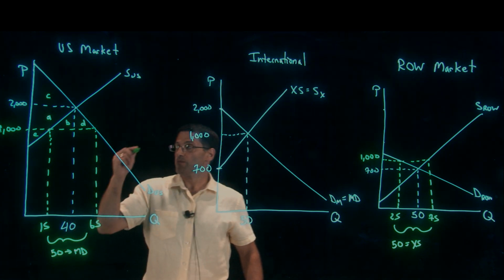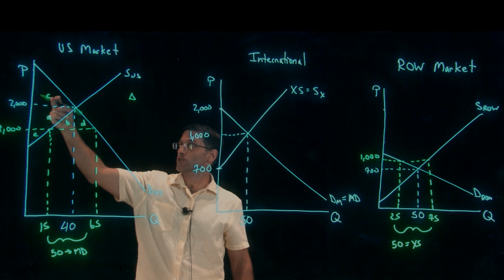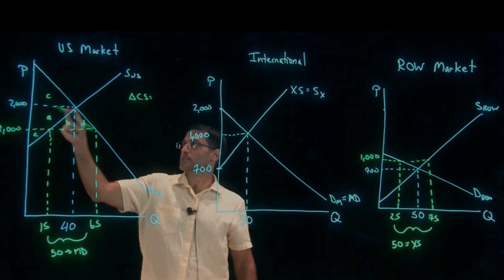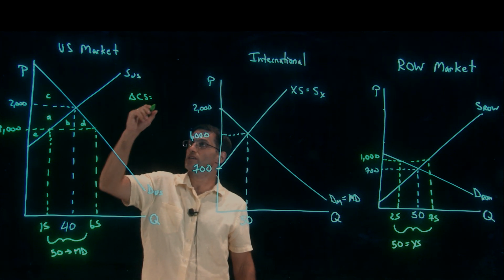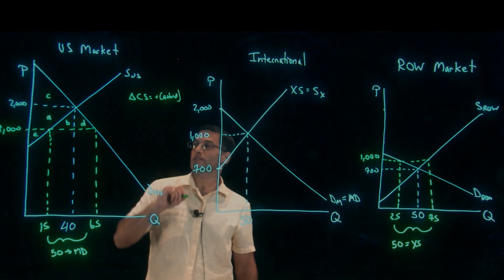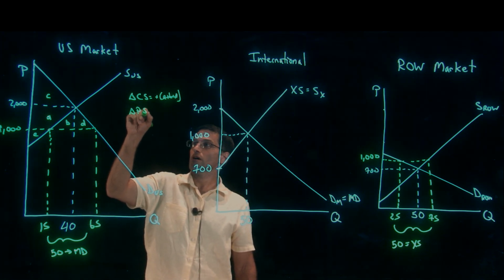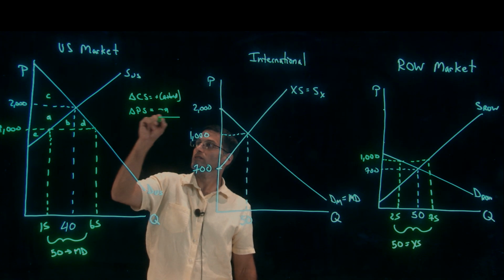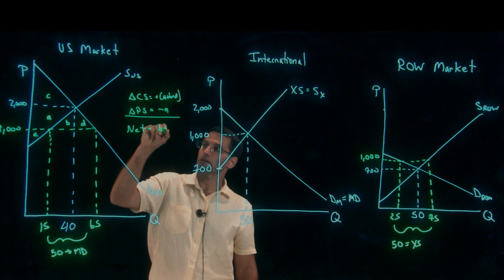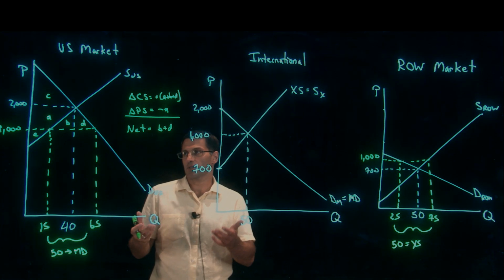So one simple way is just to keep track of everything. Initially, consumer surplus is C. It is now C, A, B, and D, so it's a gain of A, B, and D. Producers are losing A. So the net is a gain of areas B and D. We often call this the trade triangle.